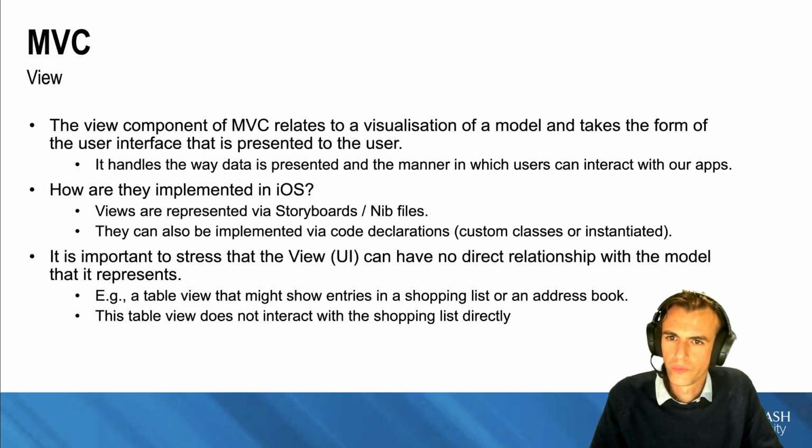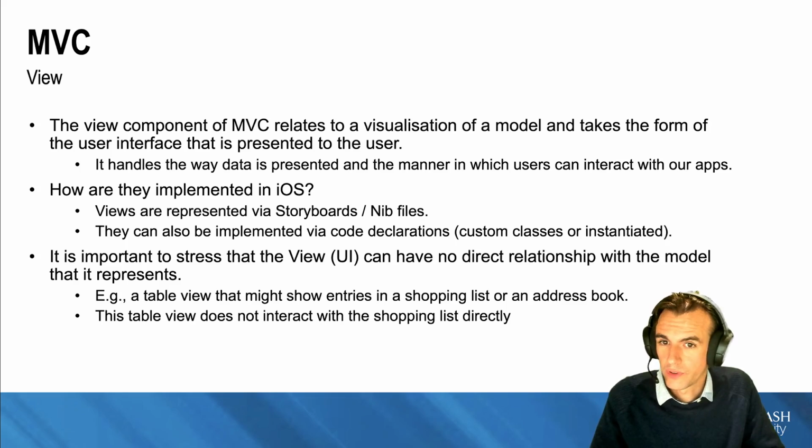On to the view. So the view obviously is what the user sees. It's a visual representation of a model, and typically it's a user interface that's presented to a user. It handles the way that data is presented, and it also handles the manner in which they can interact with it.